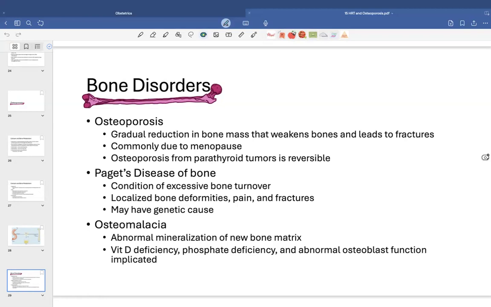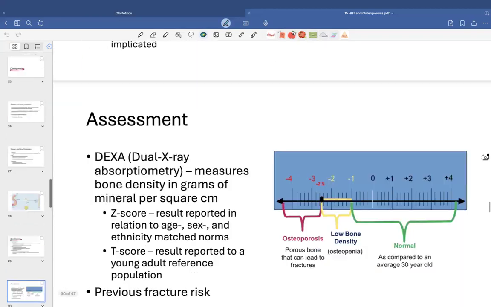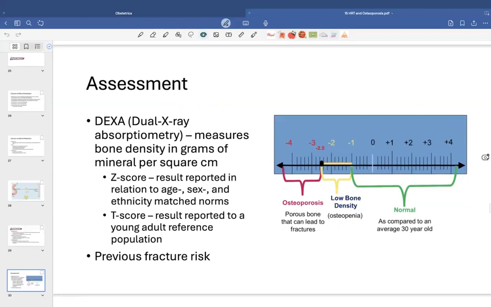We assess bone health a number of different ways. One of them is using DEXA scans. Basically, it's an X-ray of the bone that is able to determine bone density. The results of the DEXA scan are normalized to the general population, where 0 is average bone density in healthy people.